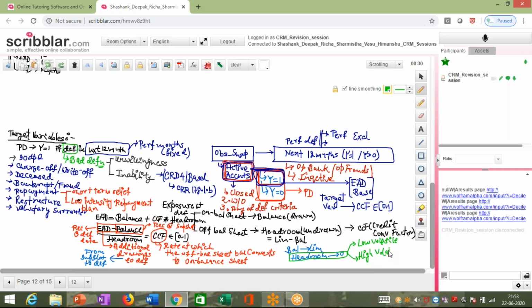Right? So they have used up almost a major part of their entire limit, and the other that you have is a low volatile customer.